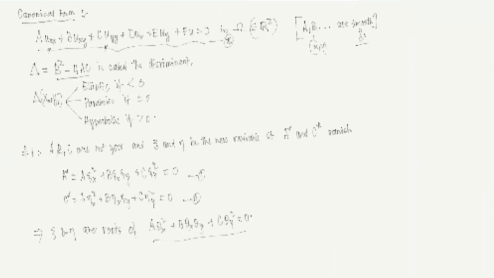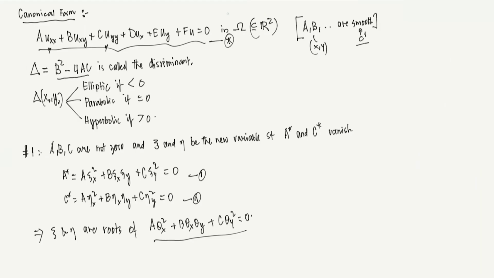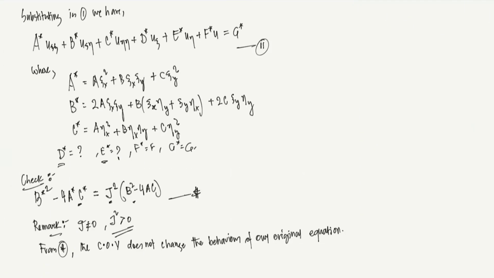We have an equation. Initially this star equation is given to us. It's a complicated equation. In the earlier video we saw that we can reduce this to this transformed equation, in terms of xi and eta, where a star, b star, c star are all given like this.